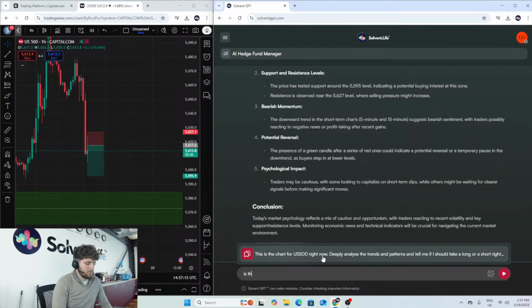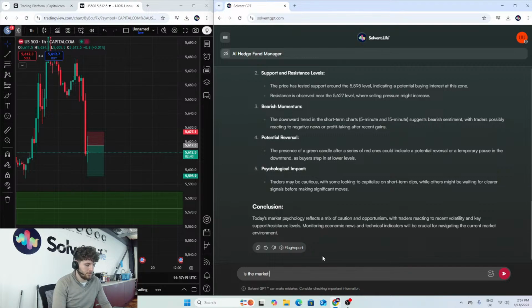Is the market more bearish or bullish based on these images?